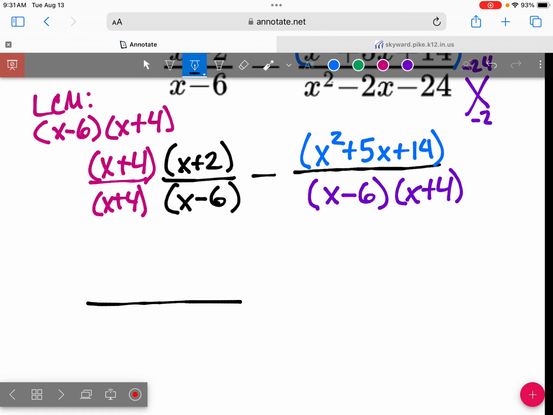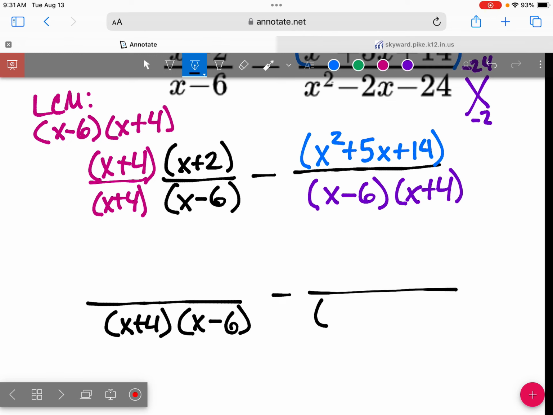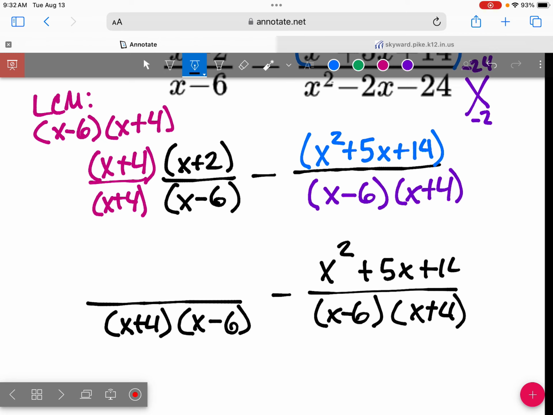So we're going to wind up with our x plus 4, x minus 6, and this fraction isn't changing. It's x minus 6, x plus 4. Our numerator is going to stay exactly the same on the right-hand side, our x squared plus 5x plus 14.